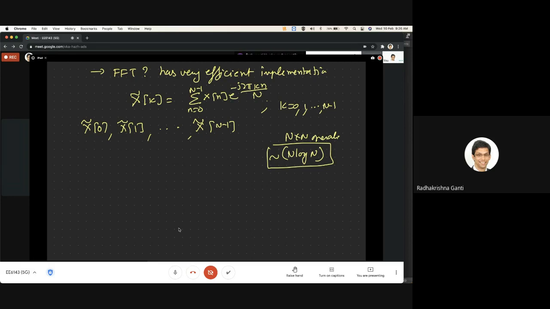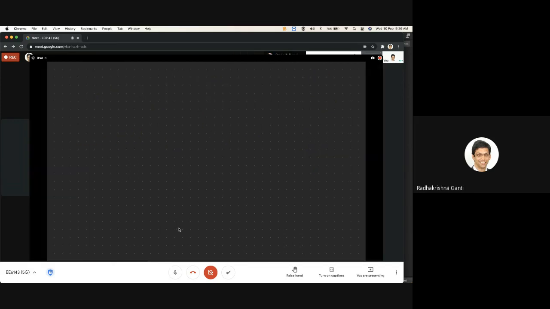That's one property. This is property 1. Property 2 is very important. Suppose I have a sequence x, which is an N-length sequence, defined as x of 0, x of 1, up to x of N minus 1. I'm going to define a shift operator, called the circular shift operator.